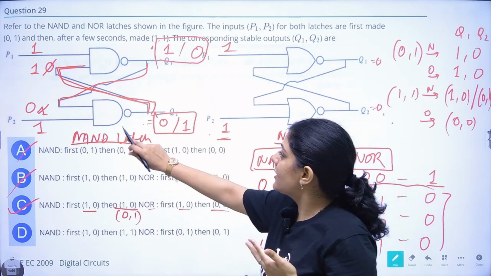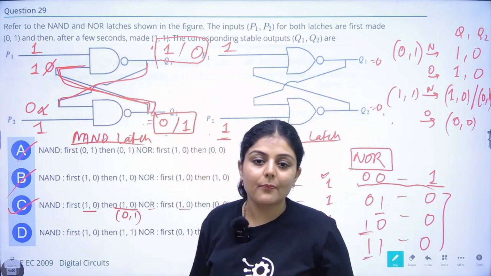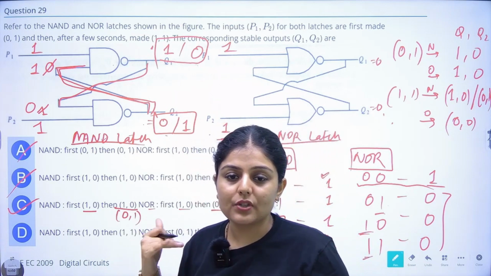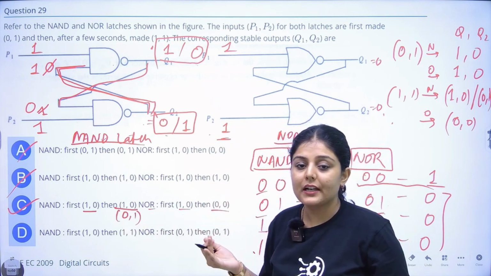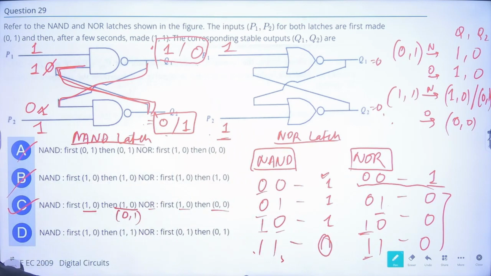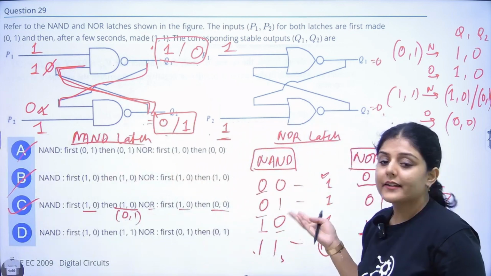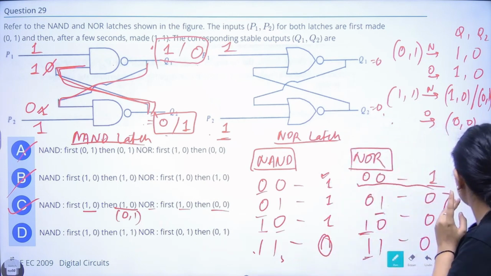If this is fast, then this will be the output, and if this is fast, then other will be the output case. That completely depends on that. And if both are having the same propagation delay, then in that case it is unstable. It is giving unstable output, right? Okay, moving on to the next question.